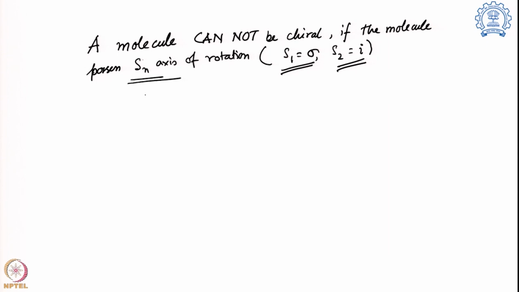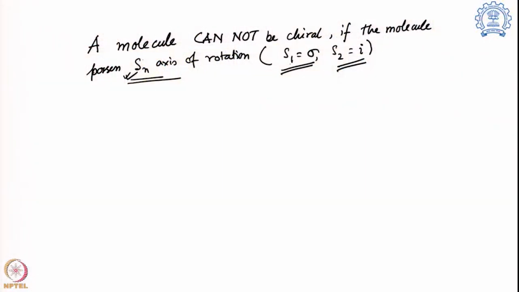And why Sn axis? Because as we just said, what we generally do is take a mirror image and try to fit it, sigma Cn. So, that is basically an Sn axis of rotation, where we are doing a reflection and a rotation next to each other, to find out whether the molecule is chiral or not.